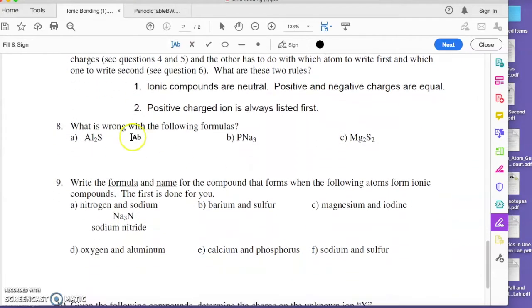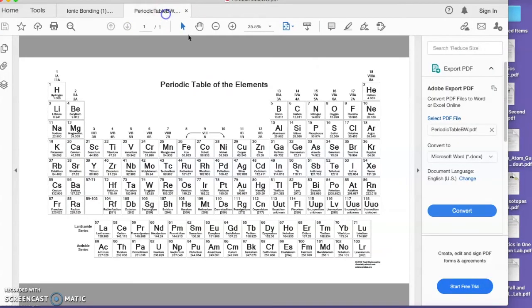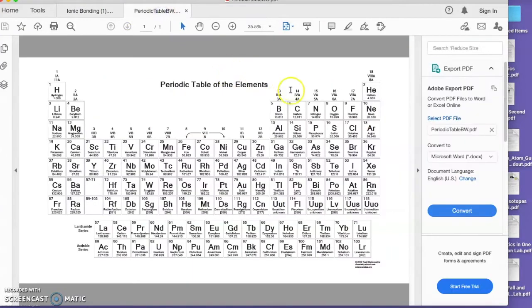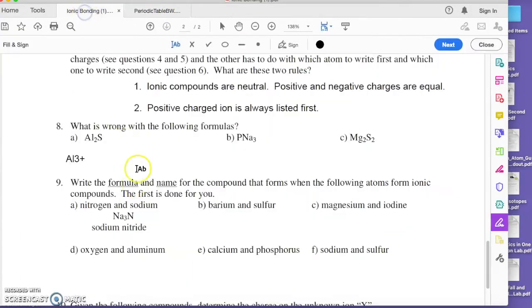So let's look at number 8. What is wrong with the following formulas? Al2S. Well, let's take a look at this. Al is in group 3A, so it's a +3 charge. Sulfur is under oxygen at 6A, which is -2 charged.